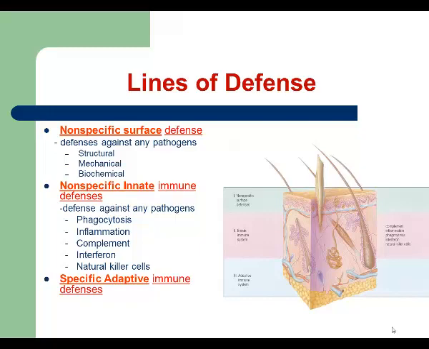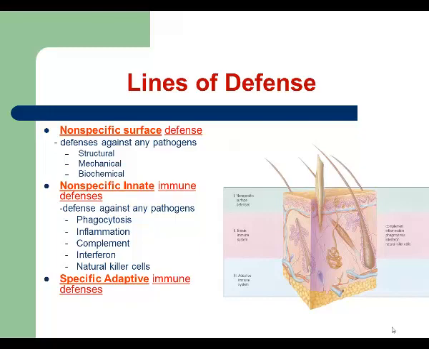As you see, the second line is non-specific as well. We're going to talk about 5 main parts of innate immunity, and those are phagocytosis, inflammation, the complement system, interferon, and natural killer or NK cells.